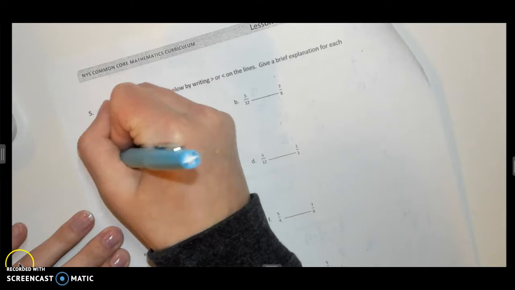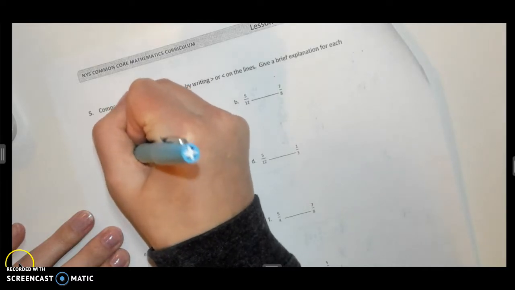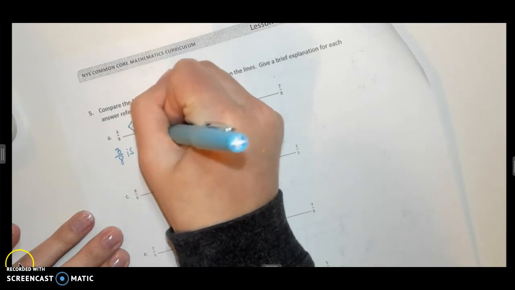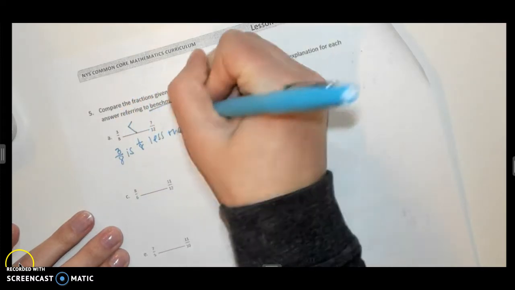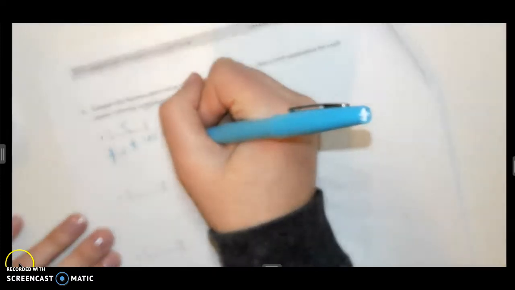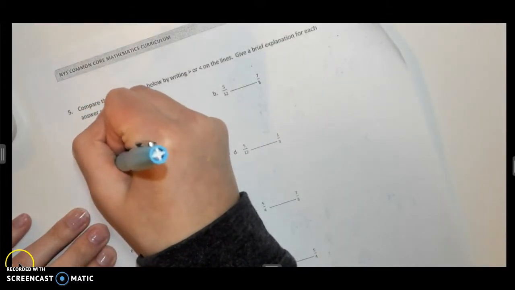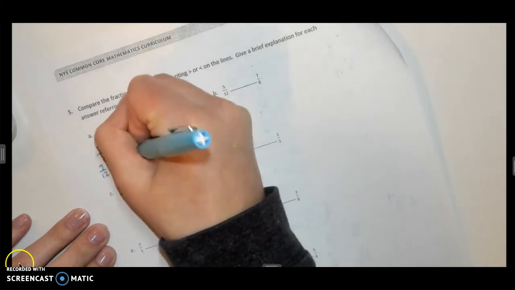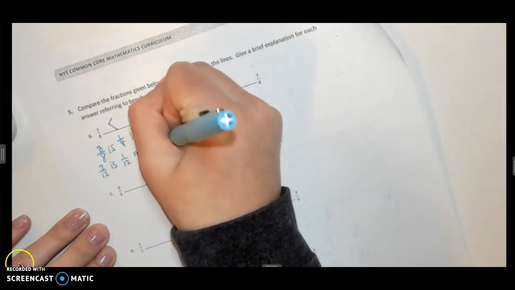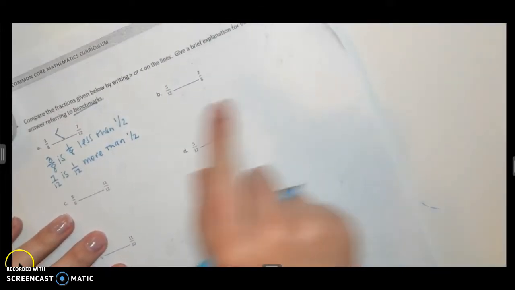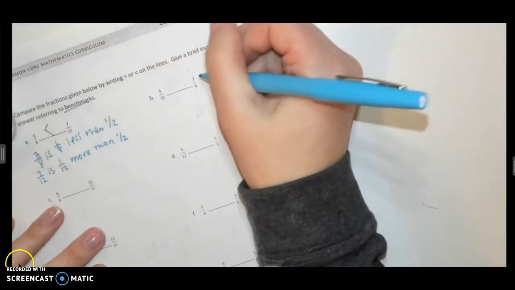Then my little explanation is 3/8 is 1/8 less than 1/2. And 7/12 is 1/12 more than 1/2.